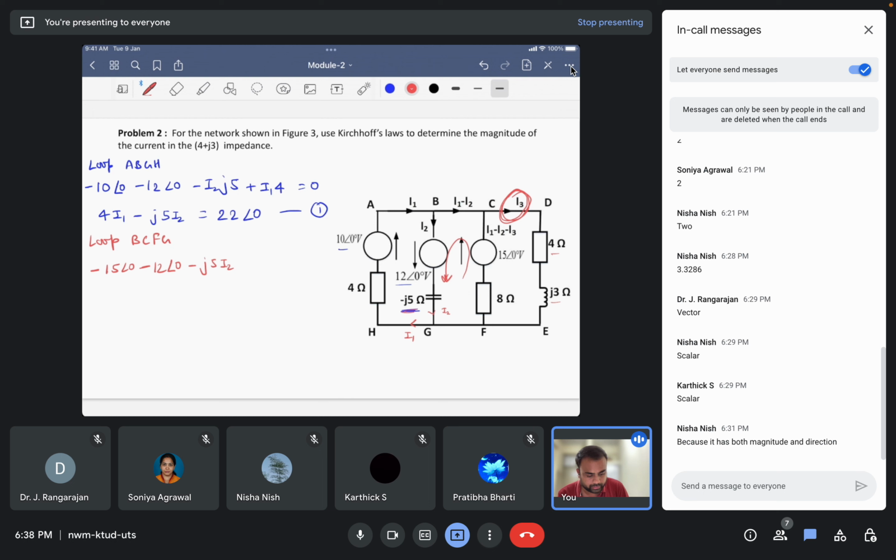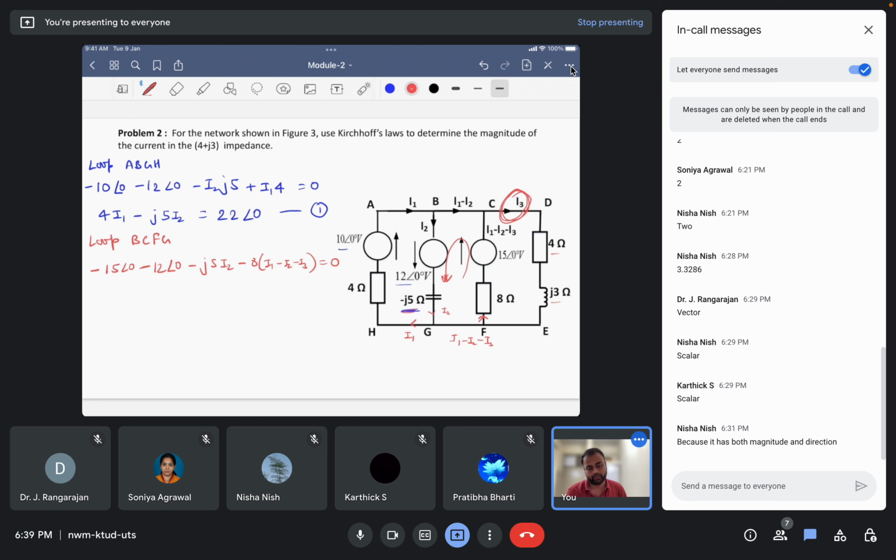So in this direction the current will be I1 minus I2 minus I3. So we will write minus 8 into (I1 minus I2 minus I3) is equal to 0.